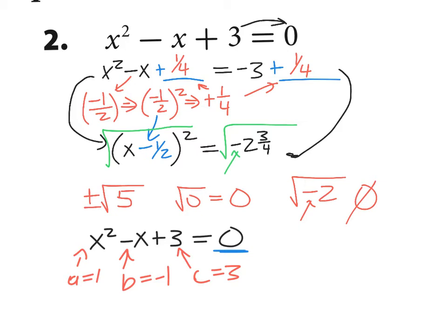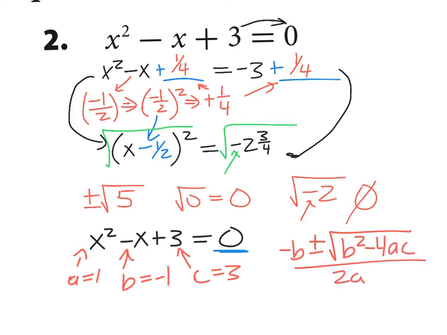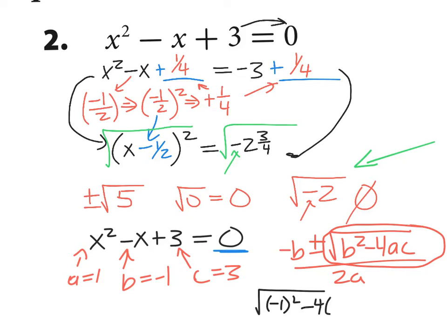Now in quadratic formula, it's x equals -b plus or minus the square root of b squared minus 4ac all over 2a. Well, this portion right here is where we determine how many solutions it has by going back to what we just said right here. So if you were to do that, you would take square root of b squared, which is -1, minus 4 times a is 1, times c, which is 3.